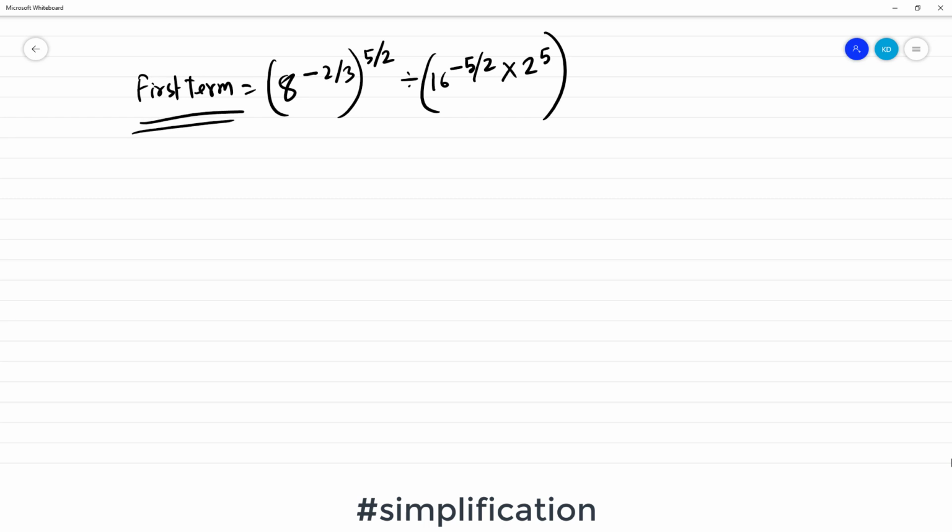So we are going to simplify this, 8 to the power minus 2 by 3.